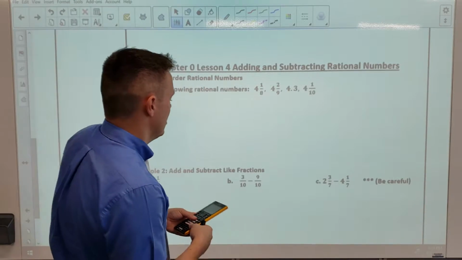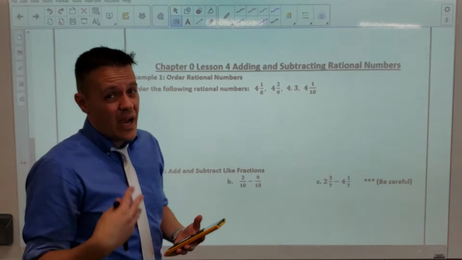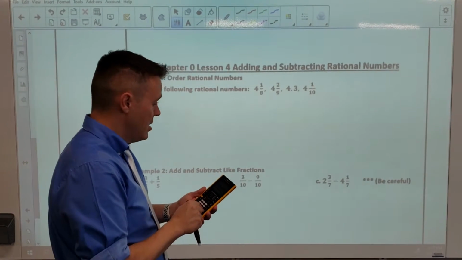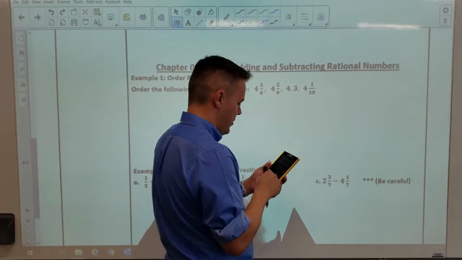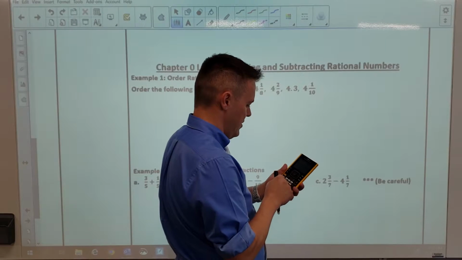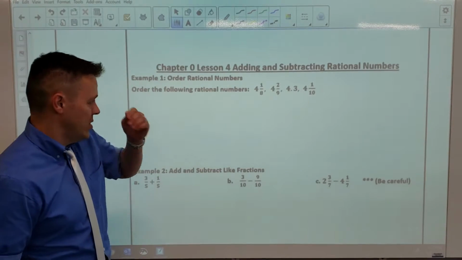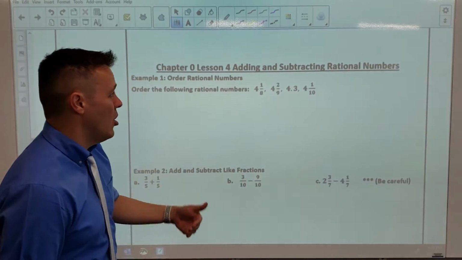You'd have to put this in and make sure you get the actual equation and figure it out. Like 4 divided by, I do know that 4.3 is 4 1/3, I believe. So let me see. What you would want to do is figure out which way to go. When you order these rational numbers, you need to make them either all fractions or all whole numbers.